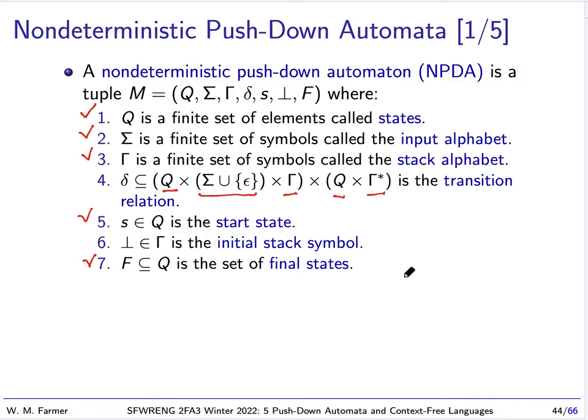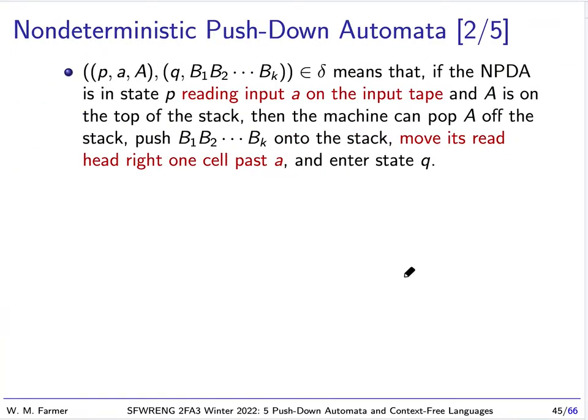So we're going to show you just in a moment how this works. There's two cases. The first case is we have a state, we have an input symbol, and we have a stack symbol.